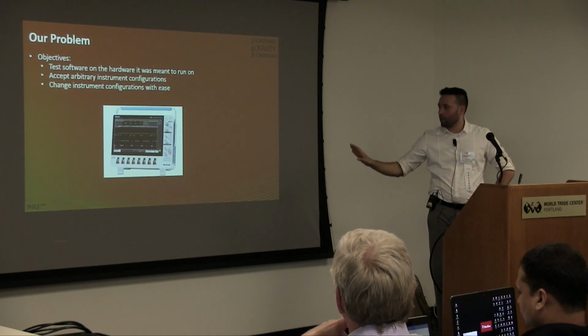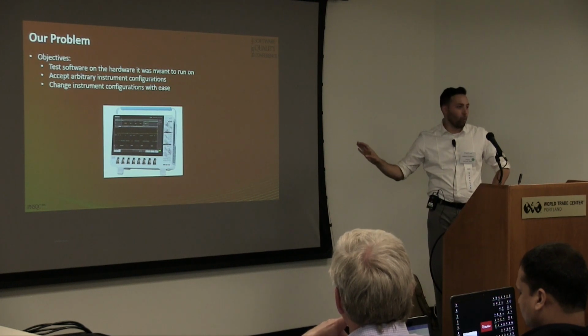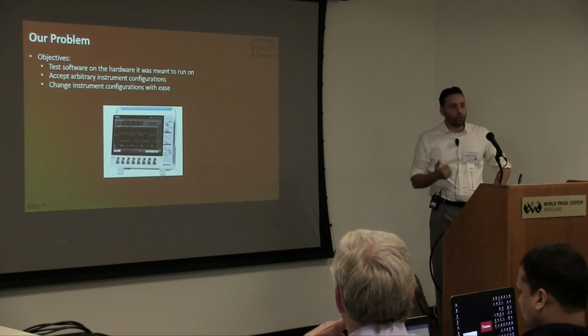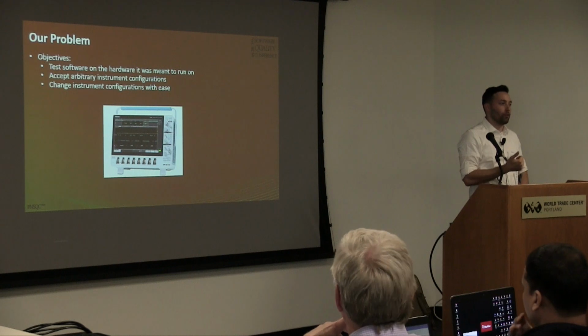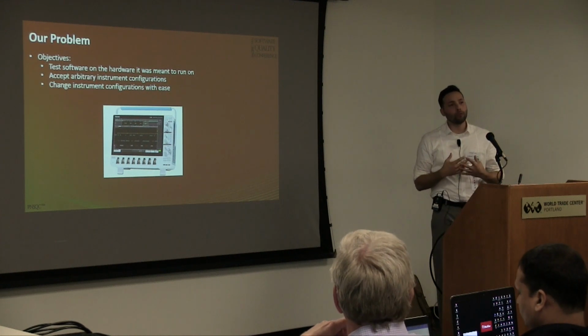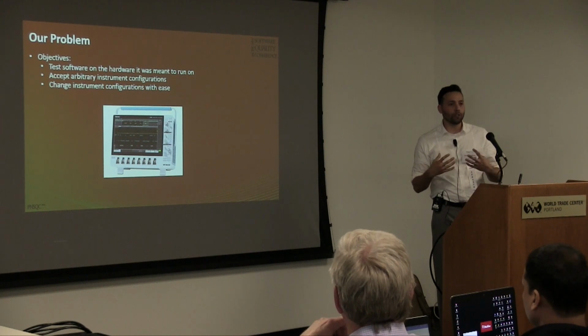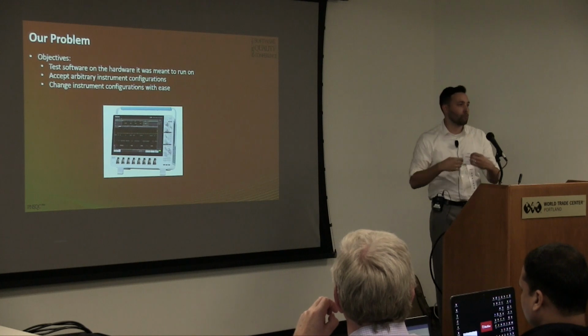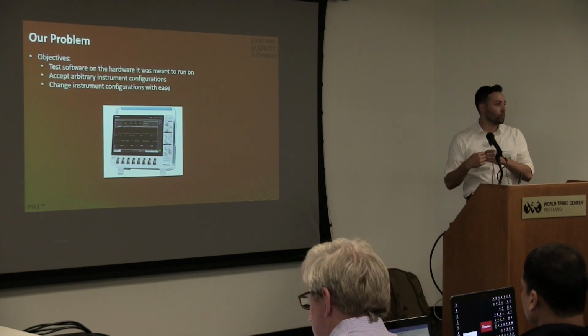So the software on the display, that's what I actually care about testing. However, what I really need to do to prove that it's correct and prove that it's the full customer experience is prove that it actually works on the oscilloscope. I have to test my software with the oscilloscope.